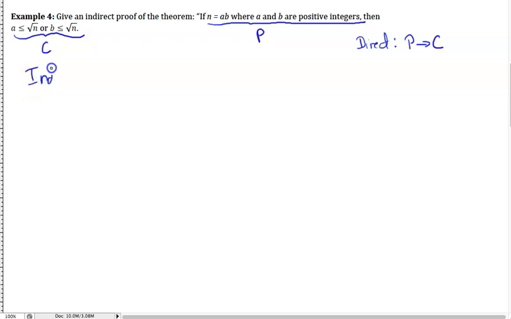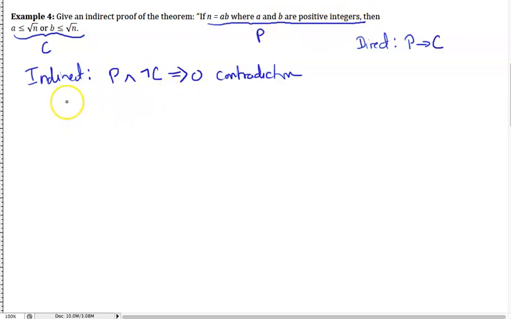The indirect proof, you have your premise and you're negating your conclusion and you want to arrive at a contradiction. So let's see, I have n equals ab, the product ab, where a and b are positive integers.